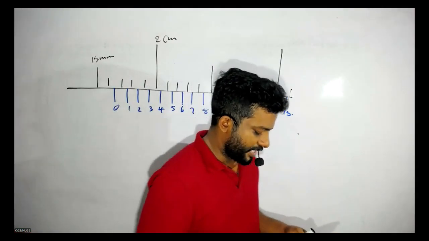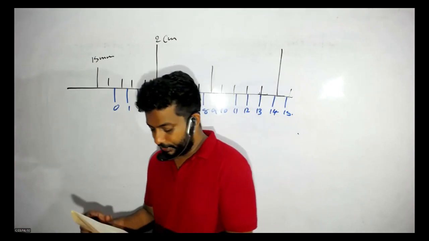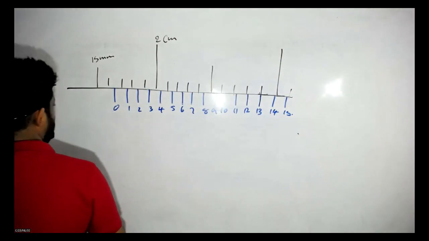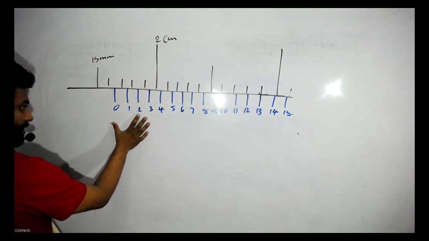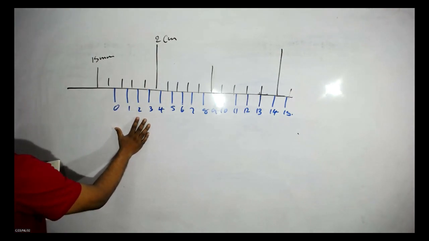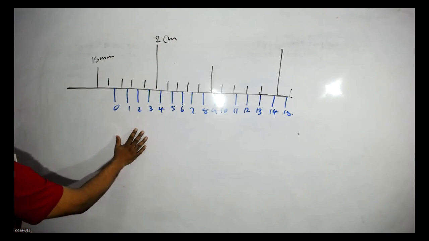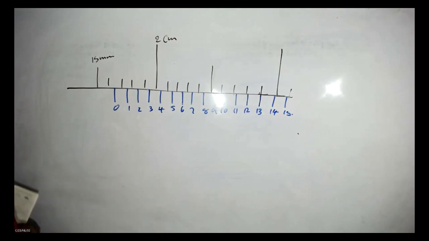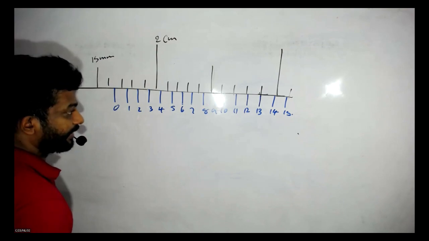Right, Pute. Let's see the D part. In this part, they have given the position of the main scale and vernier scale with respect to the D2 measurement, right? D2 is the internal diameter. Then you have to read the reading.